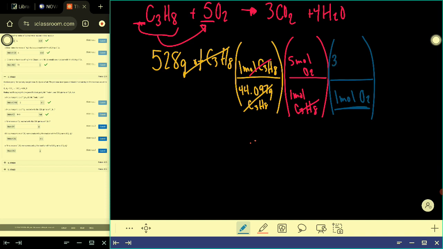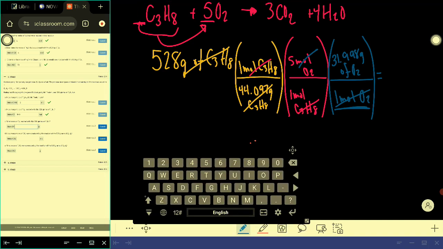So my mass comes out to 31.998 grams of O2. That's a problem I could envision you guys making on that one. So in my calculator, I'm going to type 528 divided by 44.097 times 5 times 31.998, and I'm going to get 1915.6 and on, but I only have 3 sig figs. So I'm going to go 1,920.